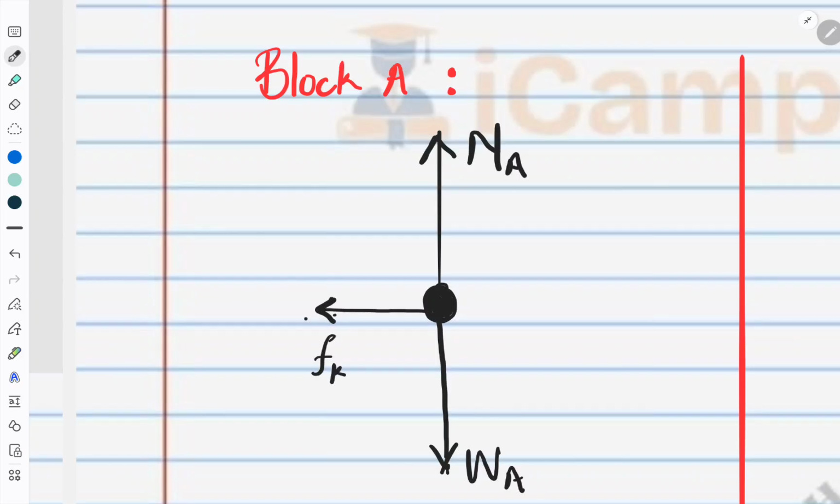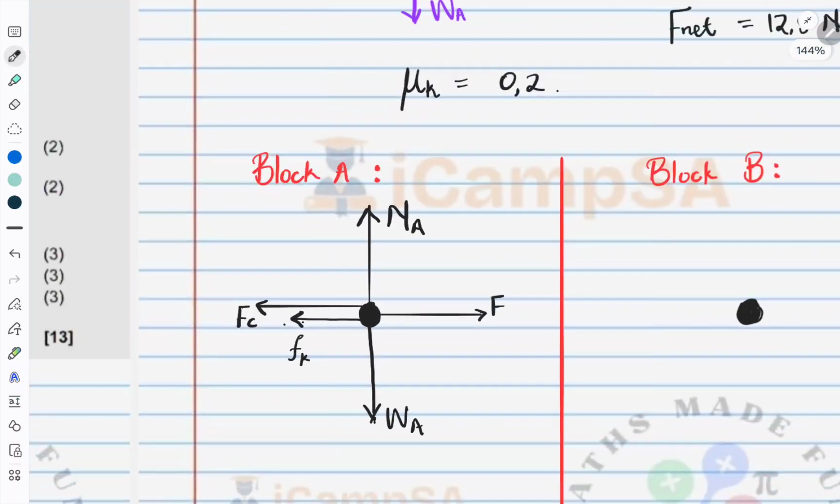And then you also get FC, the contact force. And then you get the applied force, the force that is being applied on block A. We call it F. It's called F in the problem. So we just continue with that annotation, or with that convention.